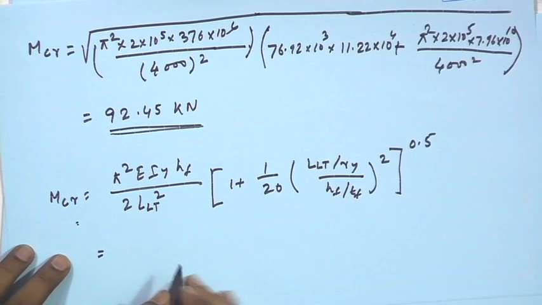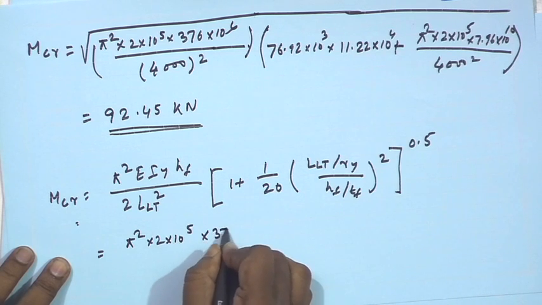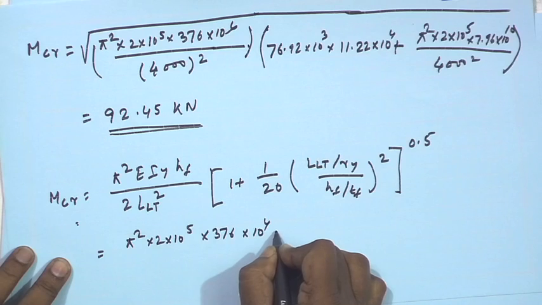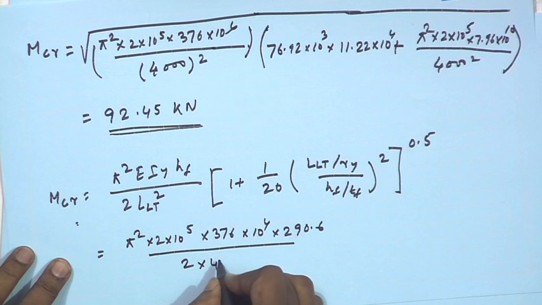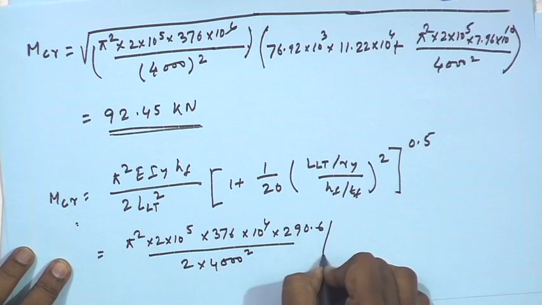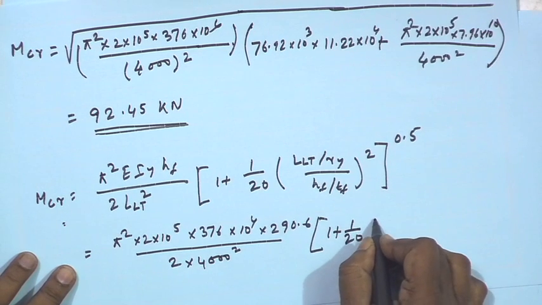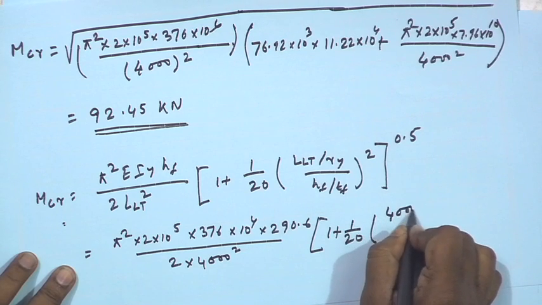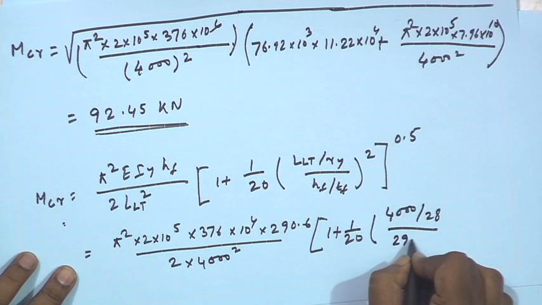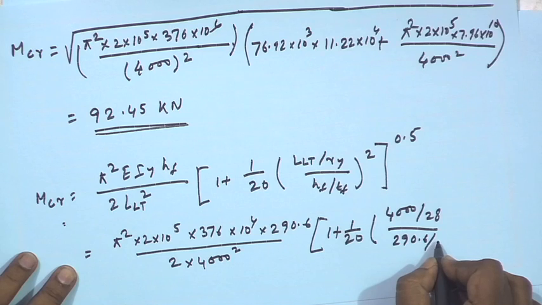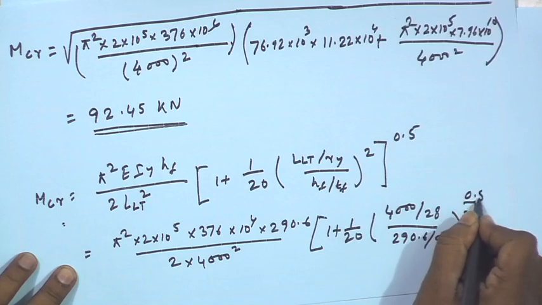So, if we put this value, we get pi square into 2 into 10 to the 5 into 376 into 10 to the 4, HF is 290.6, by 2 into LLT is 4000 square into 1 plus 1 by 20 into LLT by RY by HF is 290.6 by TF is 9.4, right.